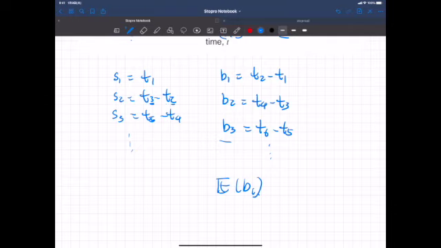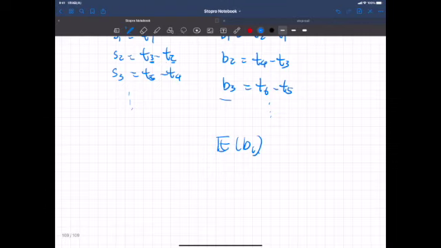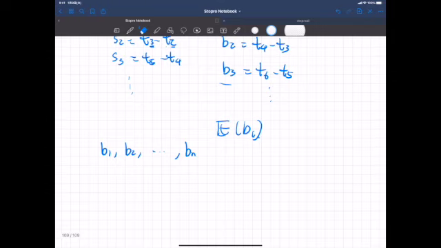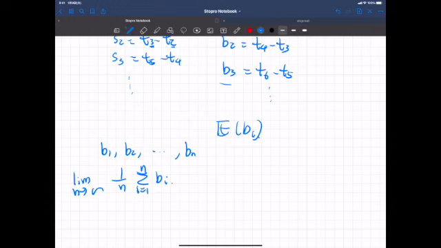And this should be calculated by this. Suppose there are n busy periods, so we have B1, B2, and so on. So its average should be 1 over n and sum all these busy periods. Okay, and then take the limit of n going to infinity. So this should be the expectation value of B_i.